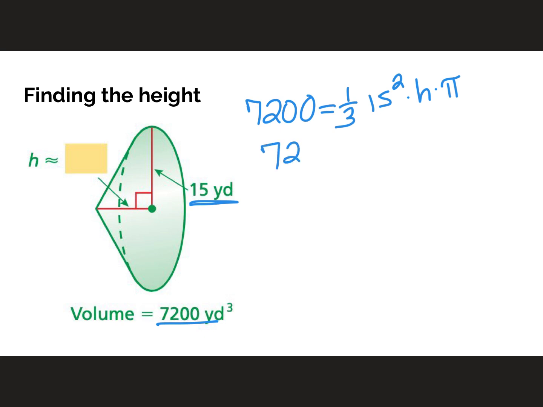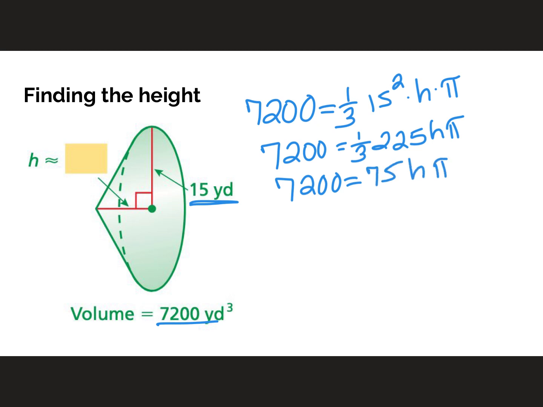So I get 7,200 equals 1/3 of 225 times h times pi. 1/3 of 225 gives me 75. 7,200 equals 75 times h times pi. Again, I'm going to divide both sides by 75 pi. Make sure when you put this in that you are dividing by pi.